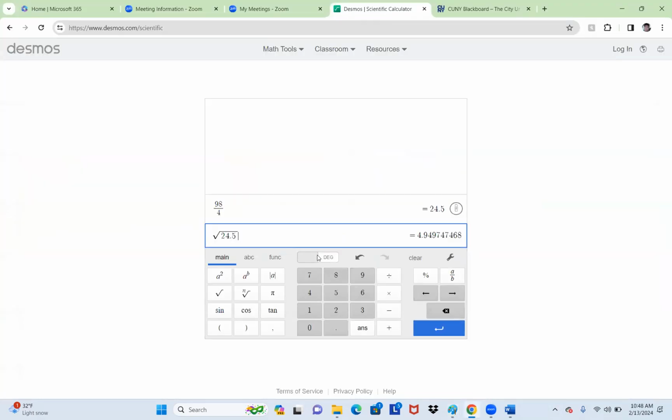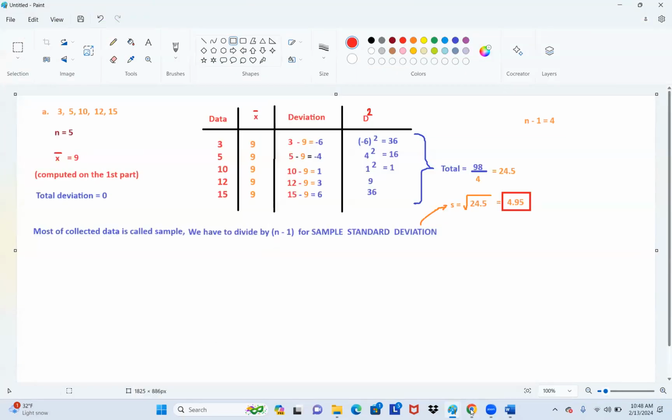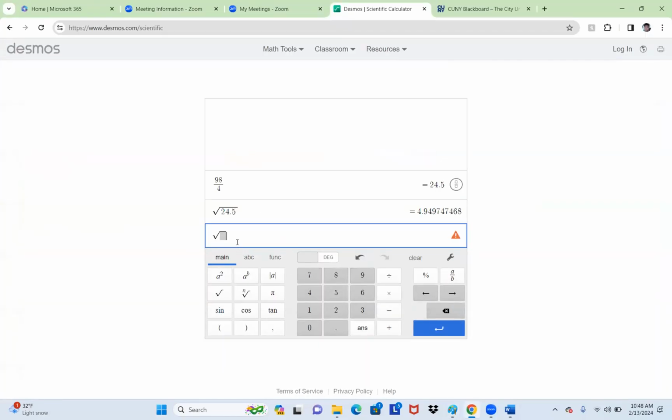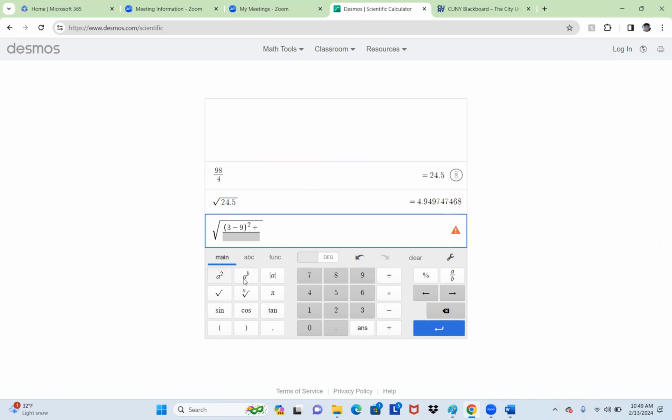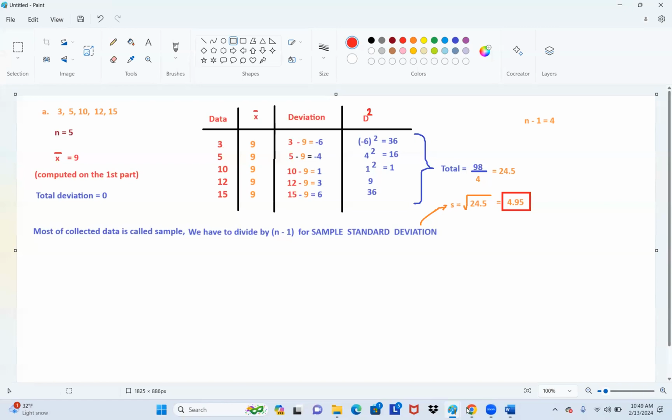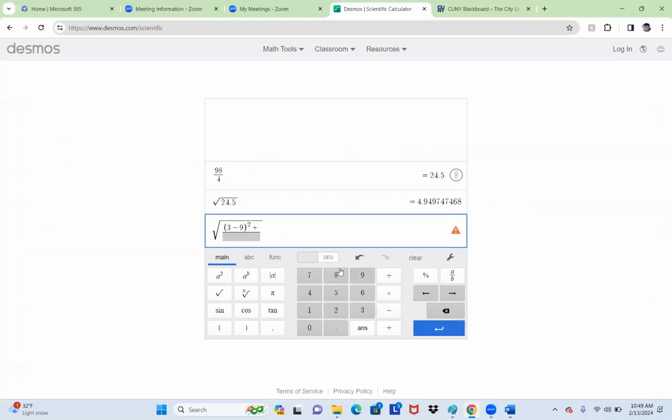So we can also do it that way as well. We can use a calculator. We take the square root of the sum. So we compute each data point's difference: 3 minus 9, then square it, and plus the rest, 5, 10, 12, 15.